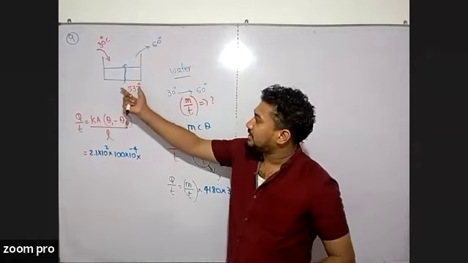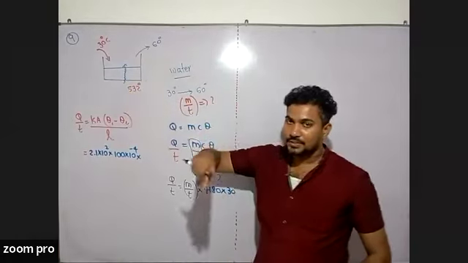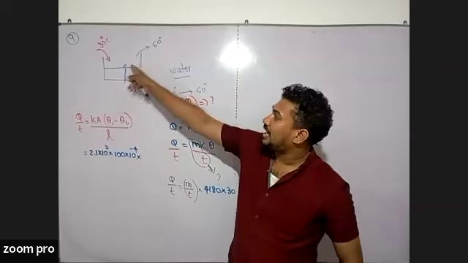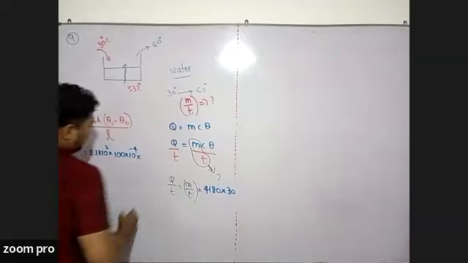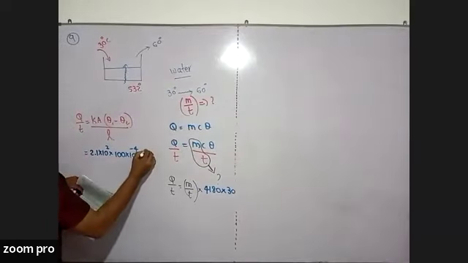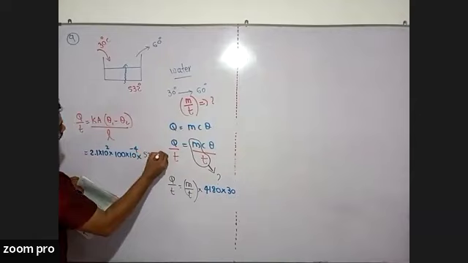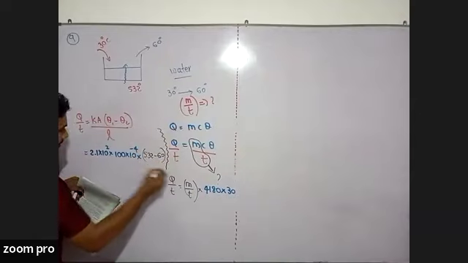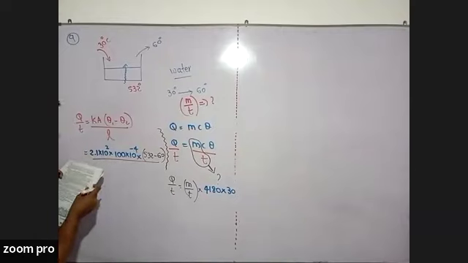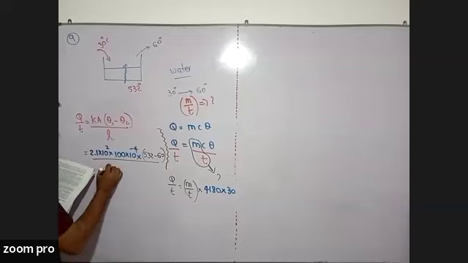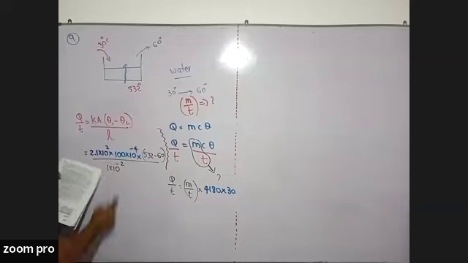So the temperature on the outer surface is 532, and the inner surface is 60. Then the temperature difference should be 532 minus 60, over L, the thickness of the bottom surface, that is 1, which to convert into meters should be multiplied by 10 to the power minus 2.